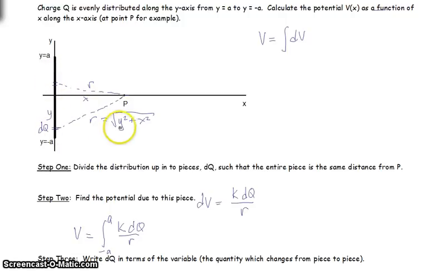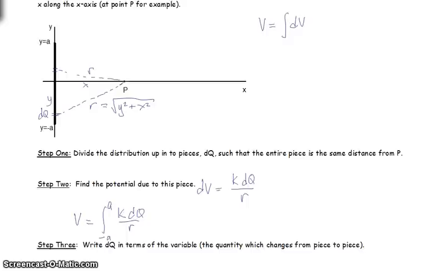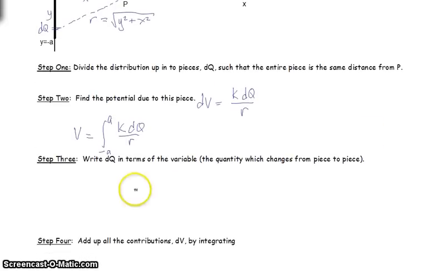But since y is changing as I move from slice to slice and x is not, I need to rewrite dq in terms of dy, and that is step 3. The way that I do that is to do a ratio.